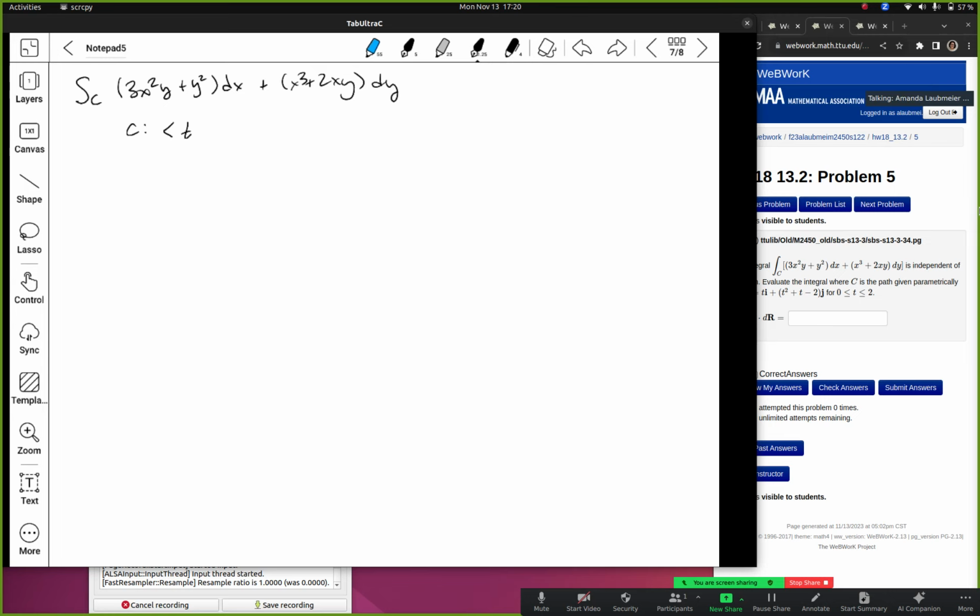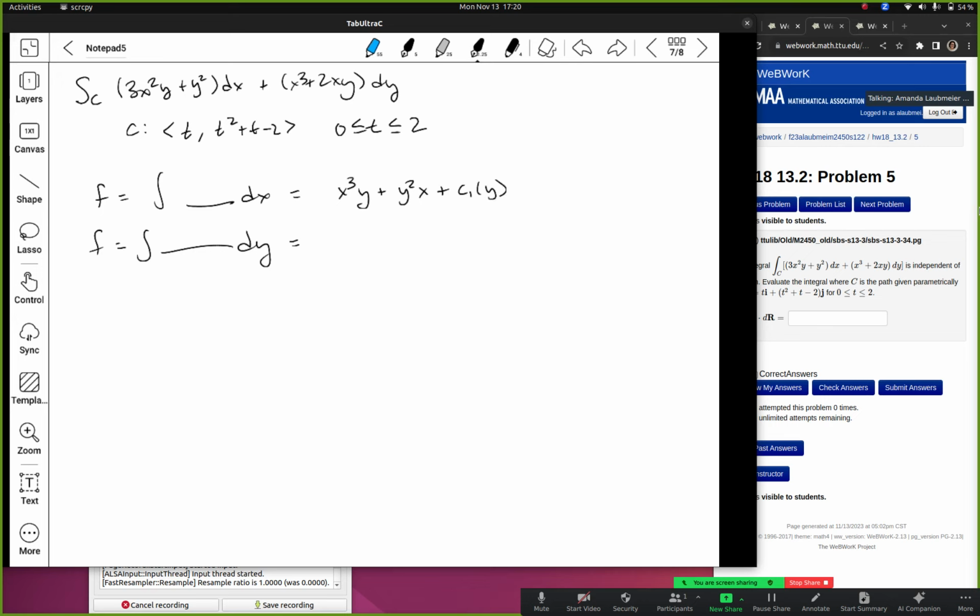This is gonna go faster this time because I don't have to explain everything. But it's gonna look less neat. I was really proud of that layout so far. So far I'd integrated those things and I got x cubed y plus y squared x plus c1 of y, or x cubed y plus, I think I wrote it xy squared plus c2 of x.